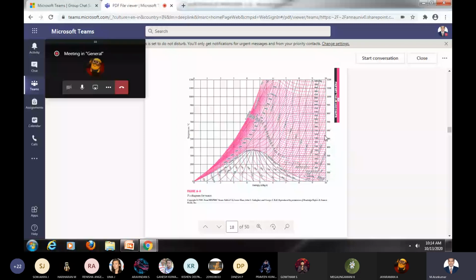We can compare the temperature and the entropy of our water. This is your saturation liquid line, this is your saturation vapor line, and this is your critical point. Then these are some pressure lines. Can we zoom it?